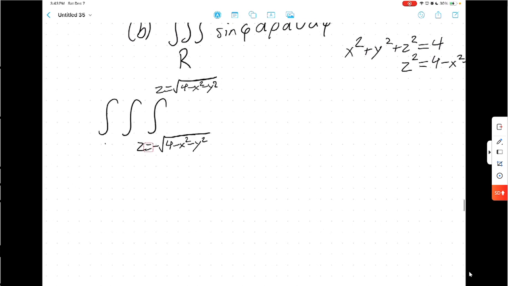And then for the xy plane, y goes from negative root 4 minus x squared to root 4 minus x squared, and x goes from negative 2 to 2.